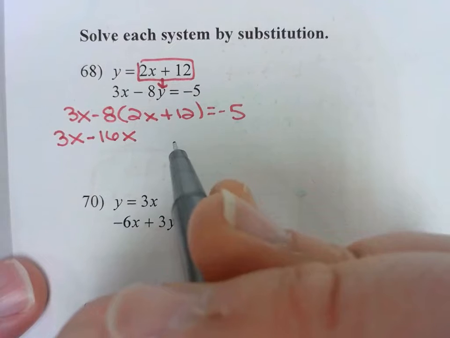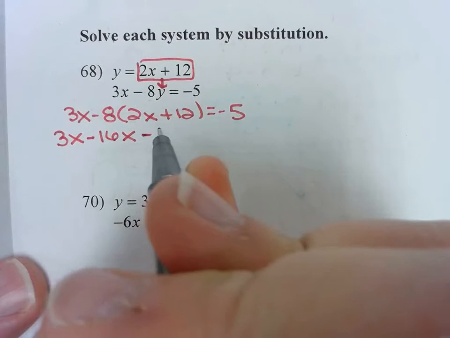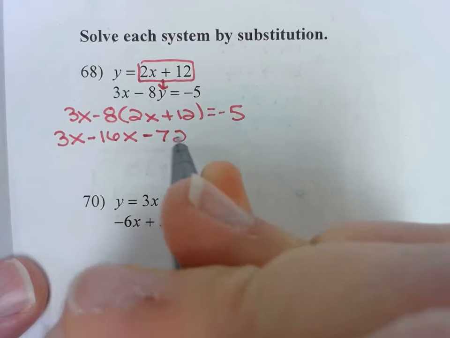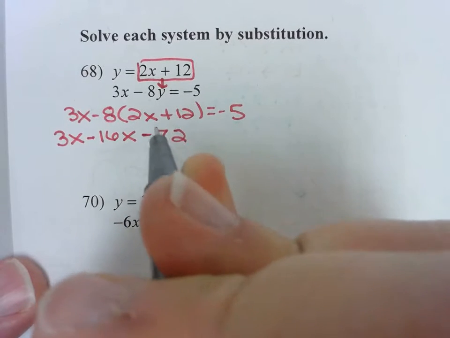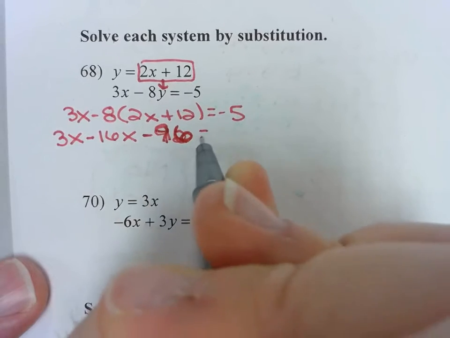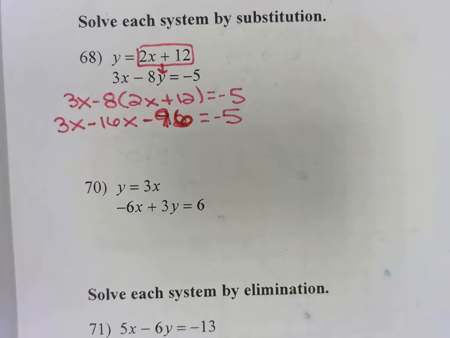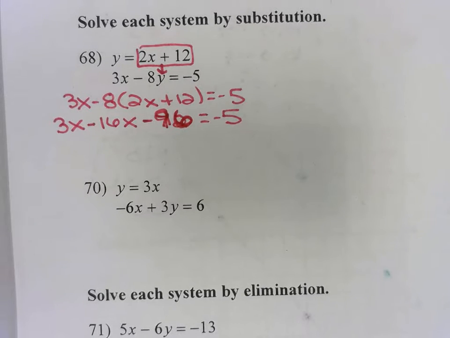And then negative 8 times 12, which is negative 96. Sorry, I was trying to say 72, but negative 8 times 12, we're distributing, so it is negative 96.